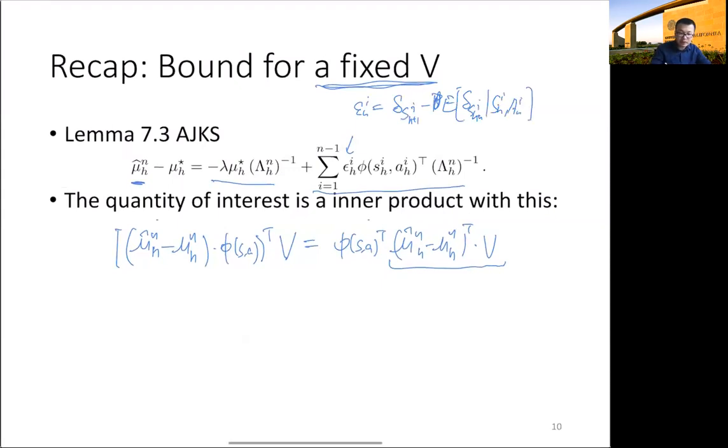Okay, so this random variable is a zero mean random variable conditioned on everything that had happened up to this point.